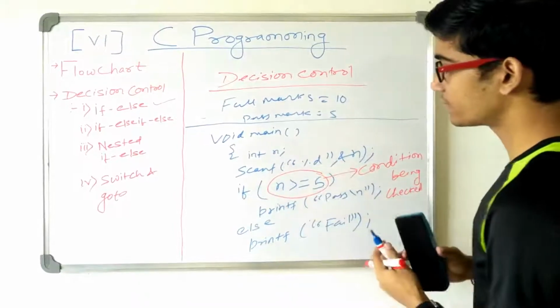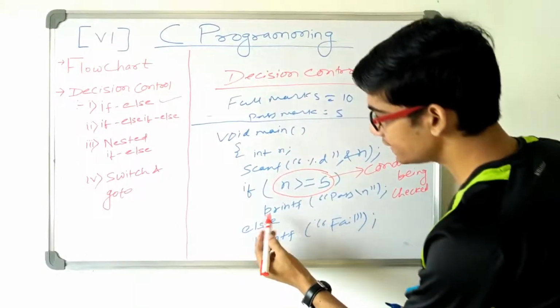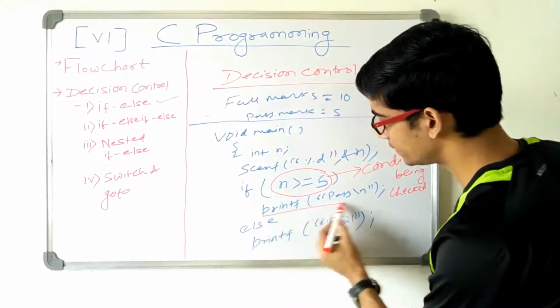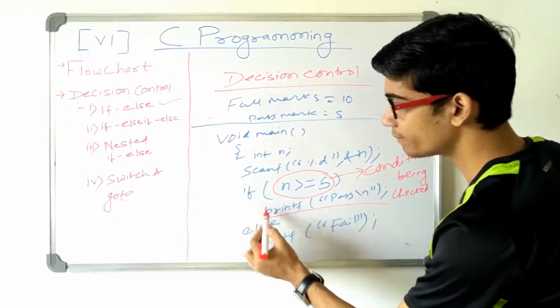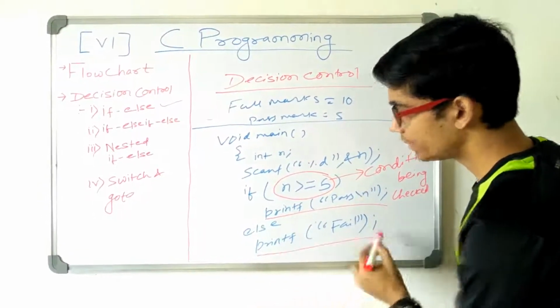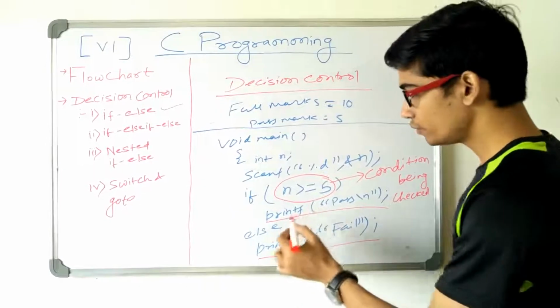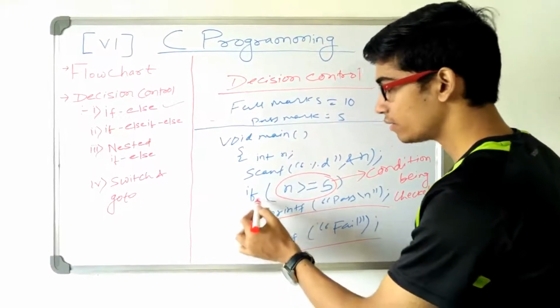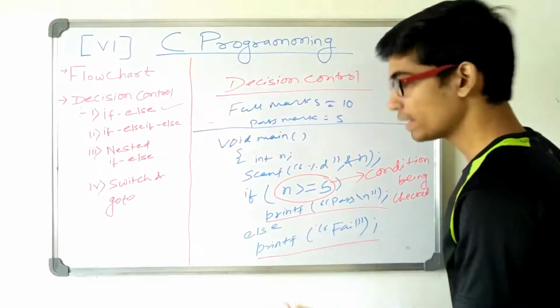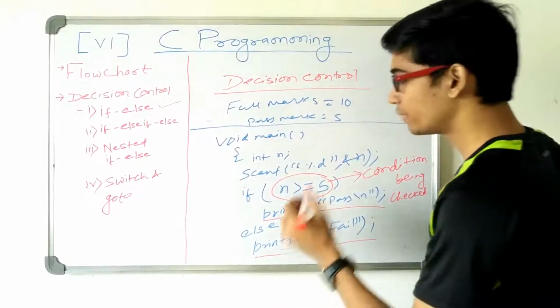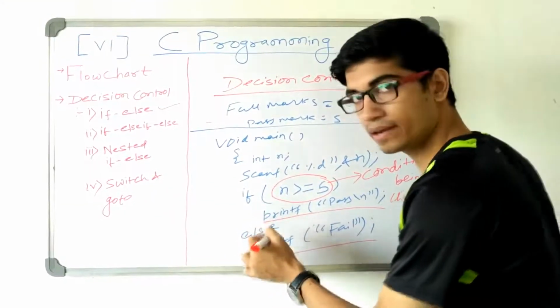So this was a simple construct, and one more important point is that here I have used only one statement, so we are not putting any braces. But it is always recommended to apply curly braces on if and else blocks, else you might miss something somewhere. A good programmer always applies curly braces.